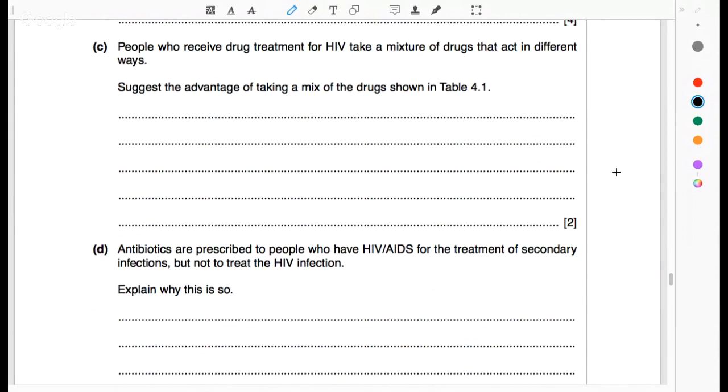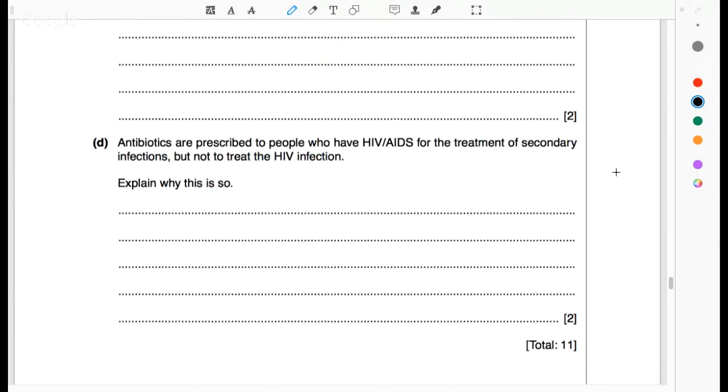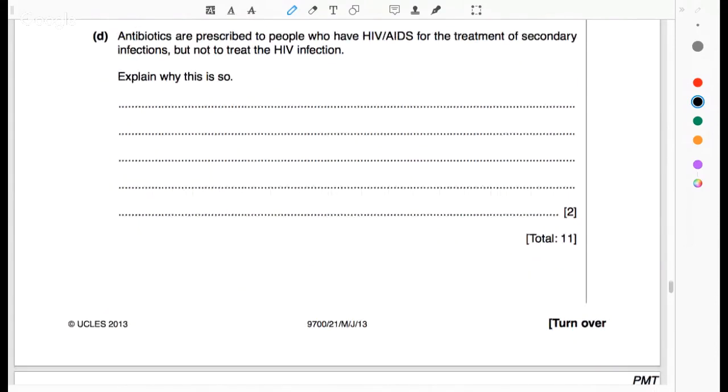Okay, good. Last part of this question then, antibiotics. Antibiotics are not effective against viruses.